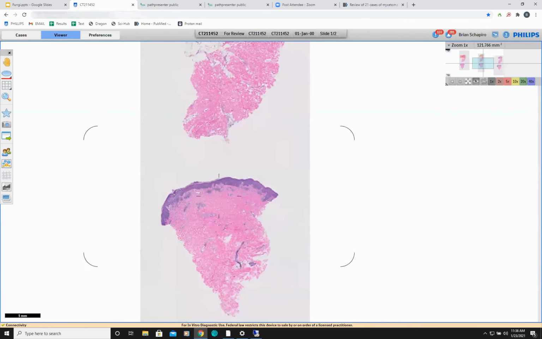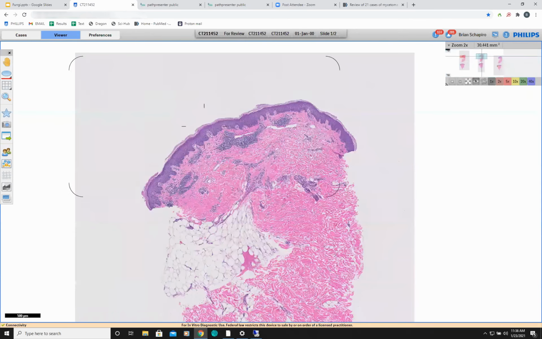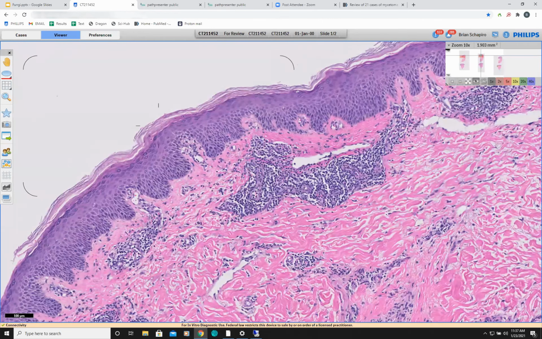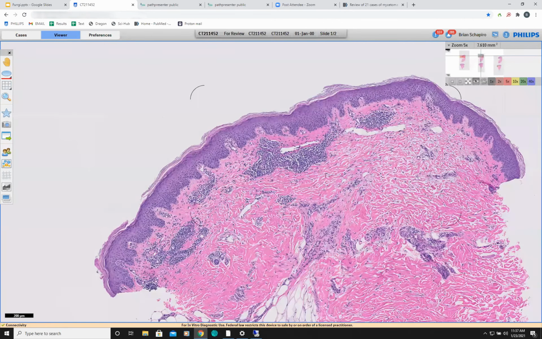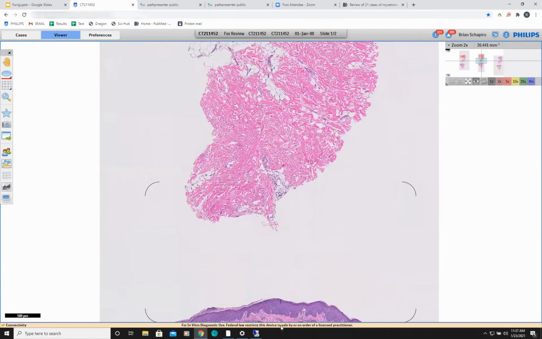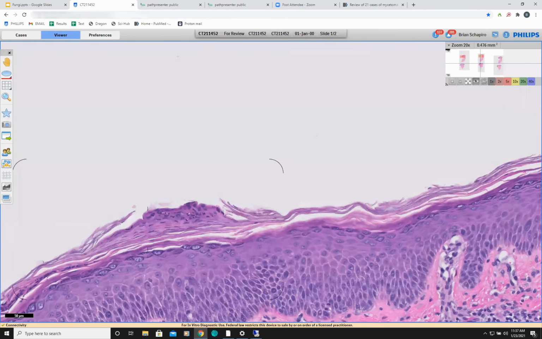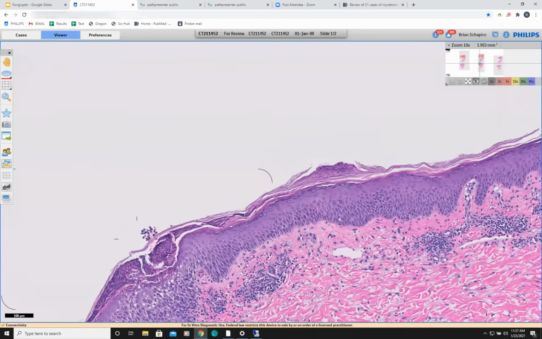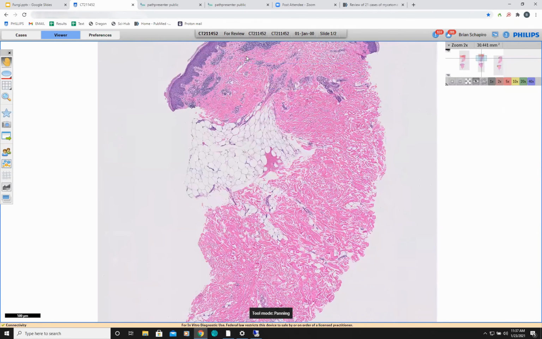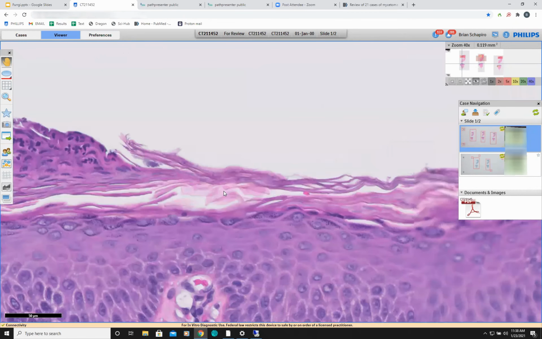And here is a case I had recently, punch biopsy, came in as eczema: hyperorthokeratosis, some parakeratosis, mild spongiosis, superficial perivascular lymphoid infiltrate. When you look carefully at the scale, there's some neutrophils, and some grunginess here, but this is very hard to diagnose.